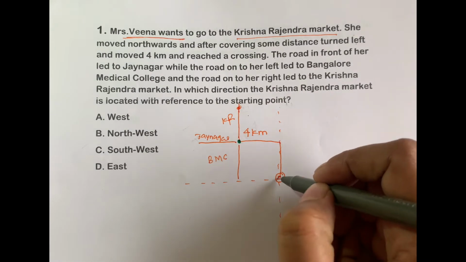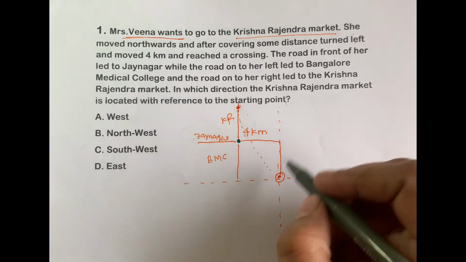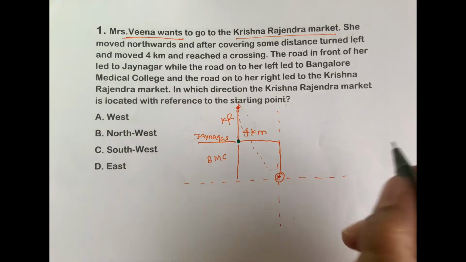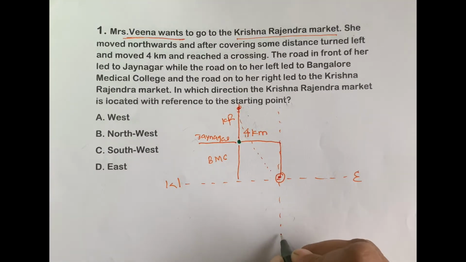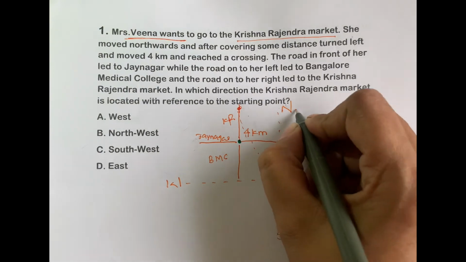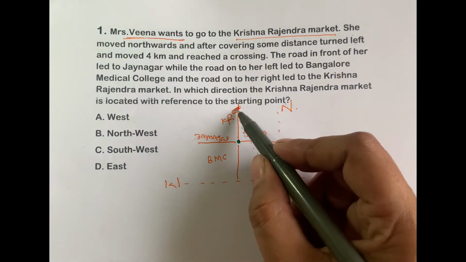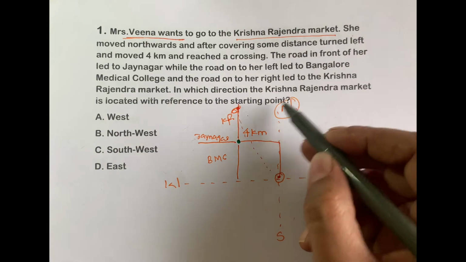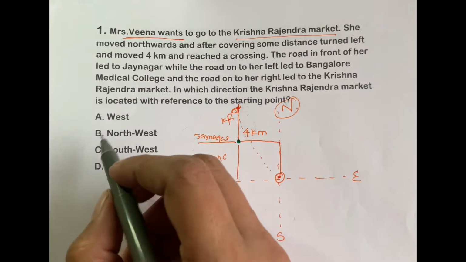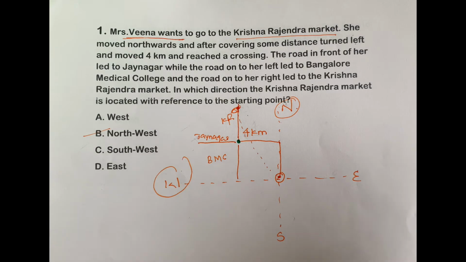So what is the direction now? See, east, west, south and north. So KR Market is here. Hence the KR Market is in the direction of northwest. Option B is the answer.